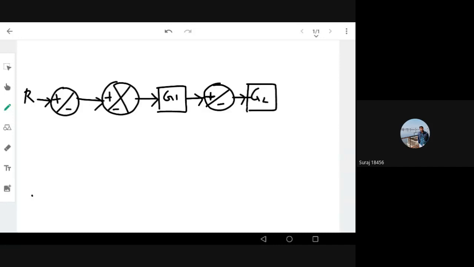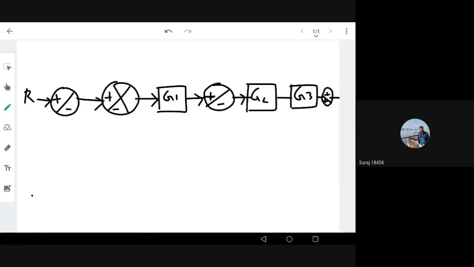G2 again is going to G3. Again there is a summing block, plus and plus, both are plus. And this is the output.